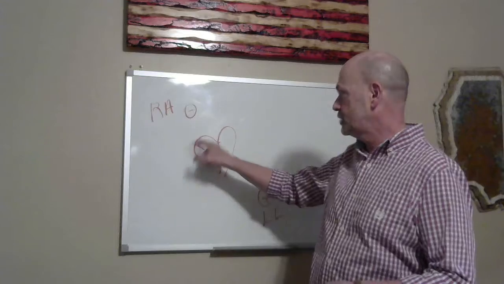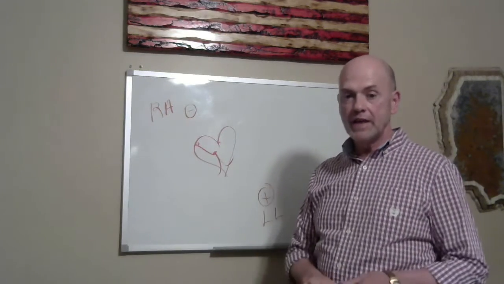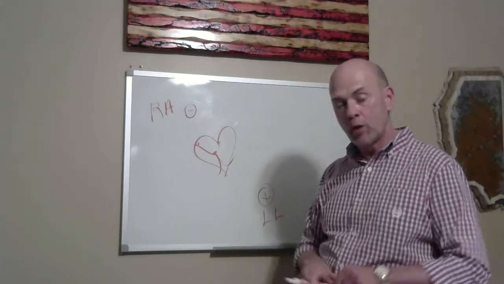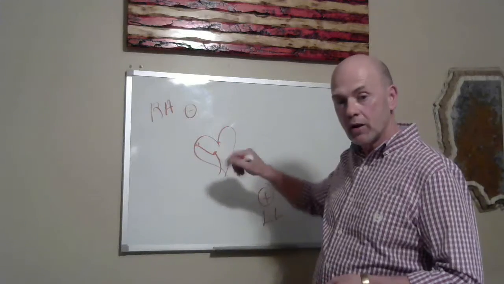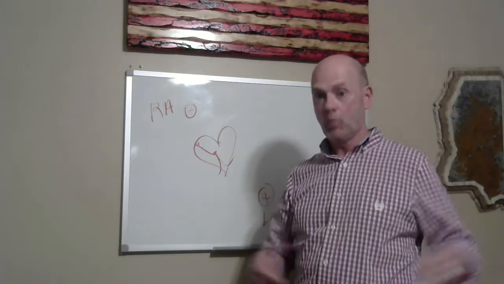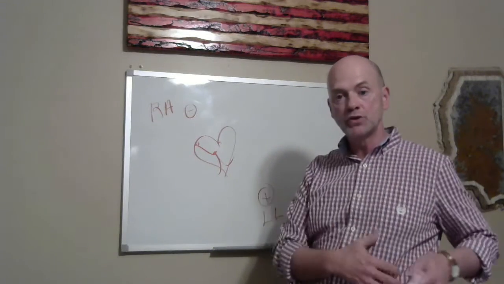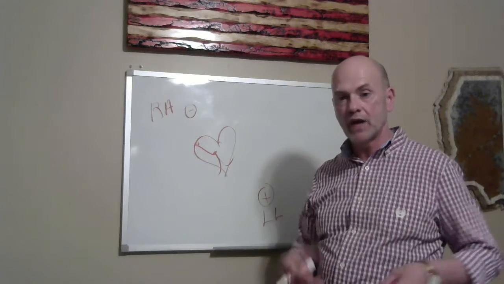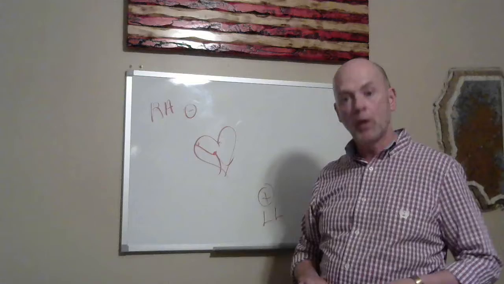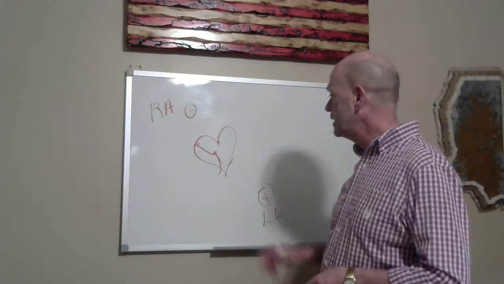When the electrical stimulus starts at the SA node, with depolarization of the atria, it moves down to the AV node, brief pause, the bundle of His, and left and right bundle branches, which cause ventricular depolarization, the contraction of those giant muscles that make up the ventricular chambers and inject the blood either from the right side to the pulmonic circulation or from the left side to systemic circulation.